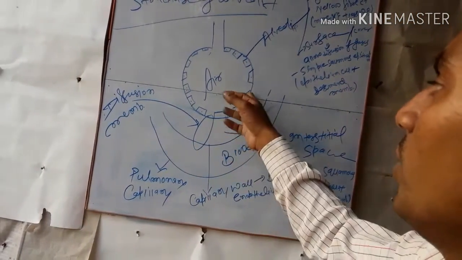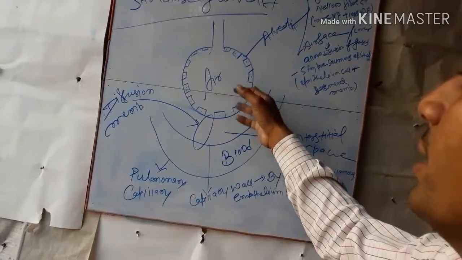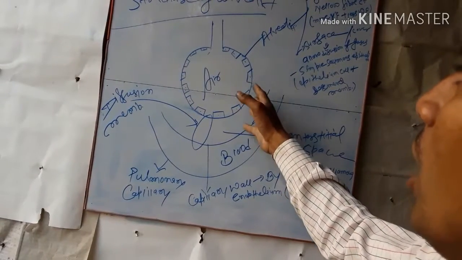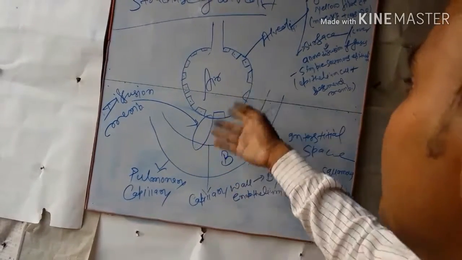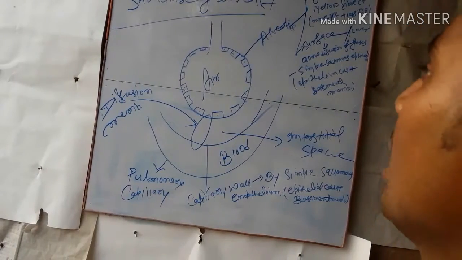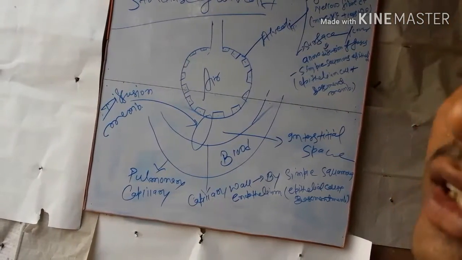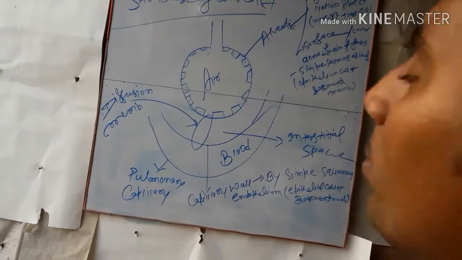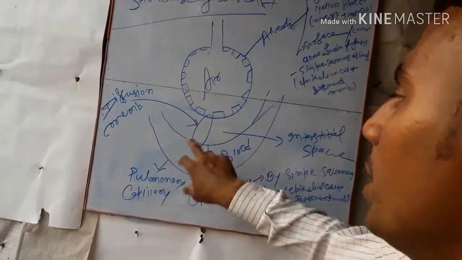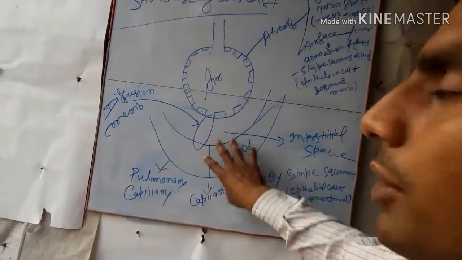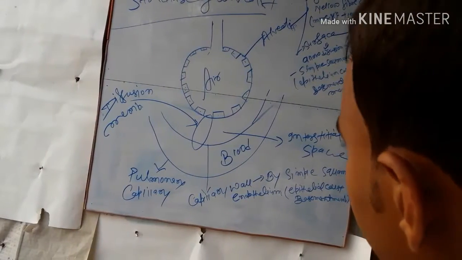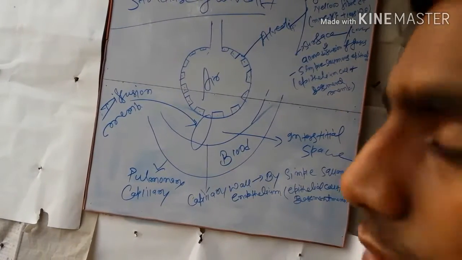The surface of the alveoli is formed by simple squamous epithelium, that is, epithelial cells plus basement membrane.